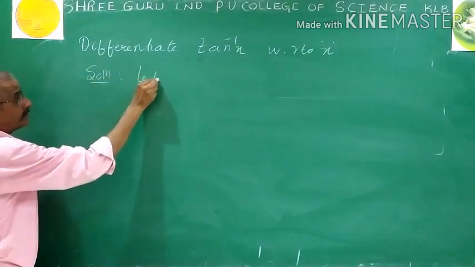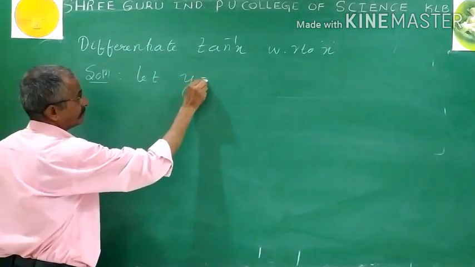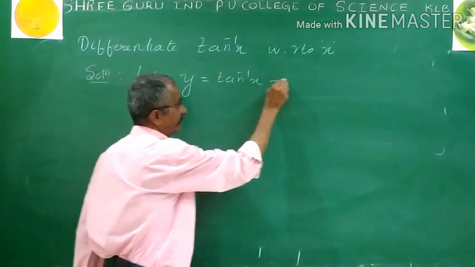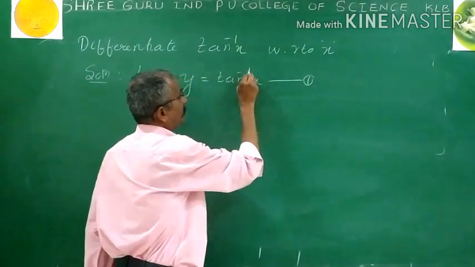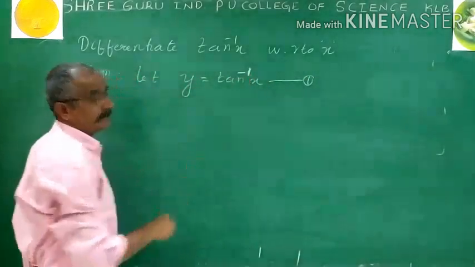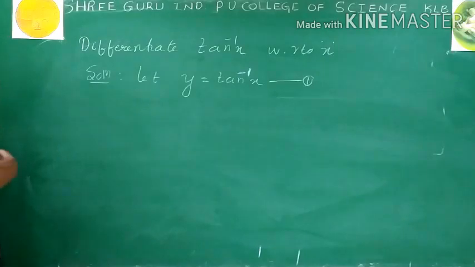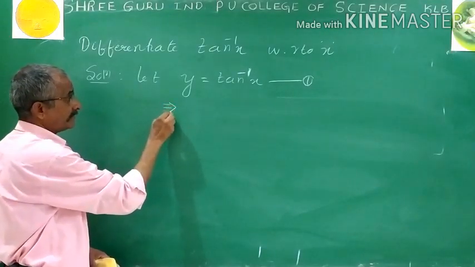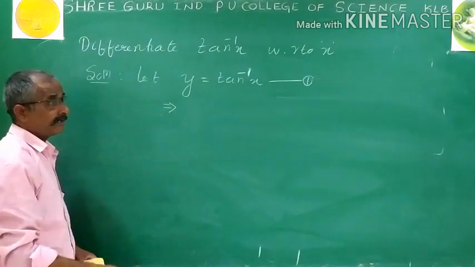Let y is equal to tan inverse of x. Call this relation 1. Now by the definition of inverse trigonometrical functions, this equation implies that tan y is equal to x.